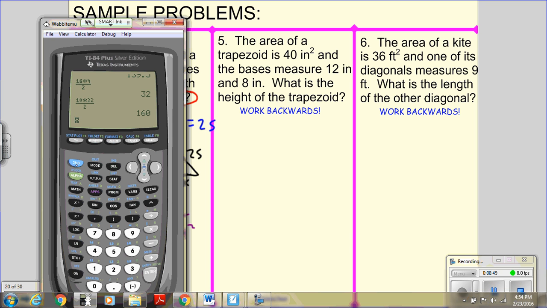Square root of 25 squared, minus, I'm sorry, minus 24 squared.